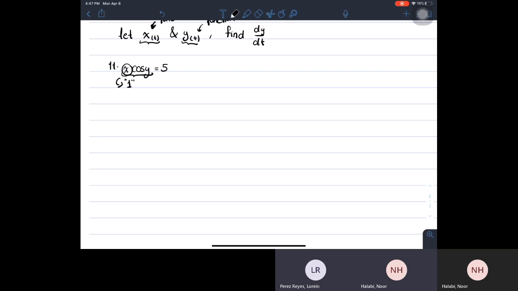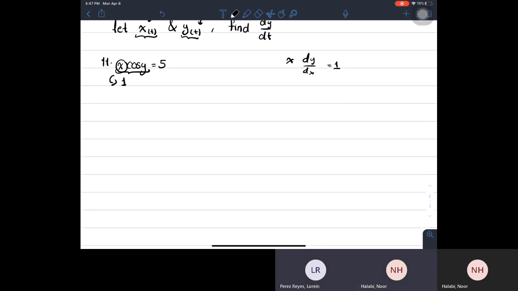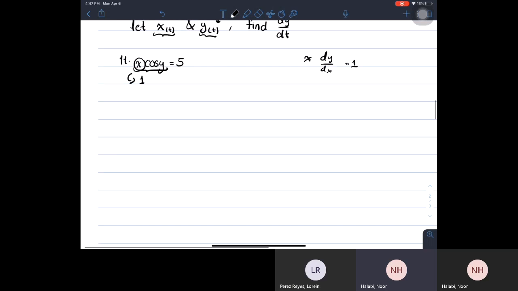Yes, because usually when you take the derivative of x, let's say I have x and I'm taking dy dx, this is just 1. But this is not what's happening right now. This is x in terms of t, so it's dx over dt.